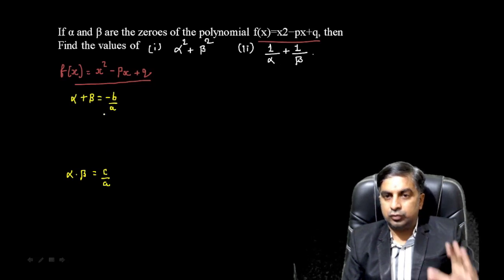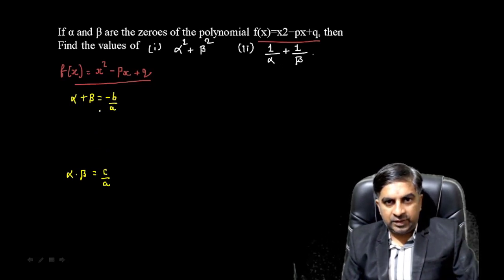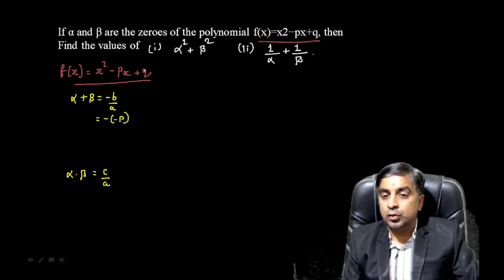This we can get. So first we are going to find out alpha plus beta is minus b by a, so minus, and what is your b here? Let me tell you, your a is 1, b is minus p, and c is q.